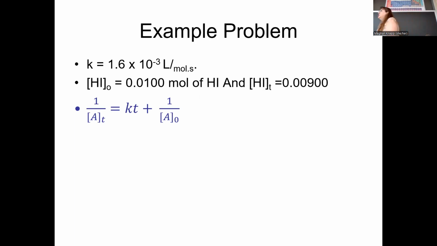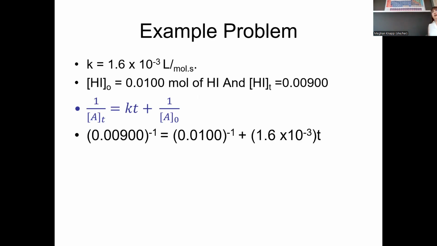Now you can do 1 divided by for each of these. So we can do 1 divided by 0.009, but put it in parentheses if you're going to do that. Or you can do 0.009 to the negative 1. That works as well. A lot easier to write without fractions on my PowerPoint. So I have it as to the negative 1, but that means the same thing as the reciprocal.